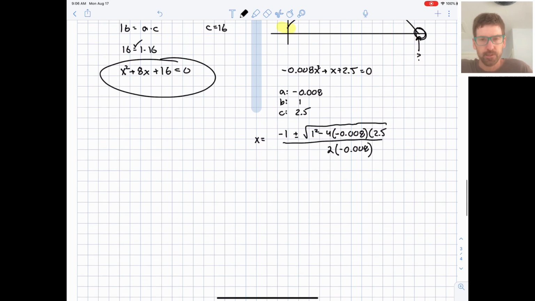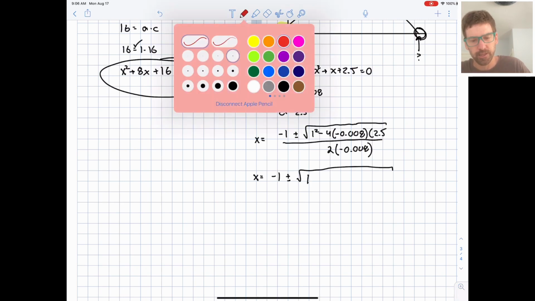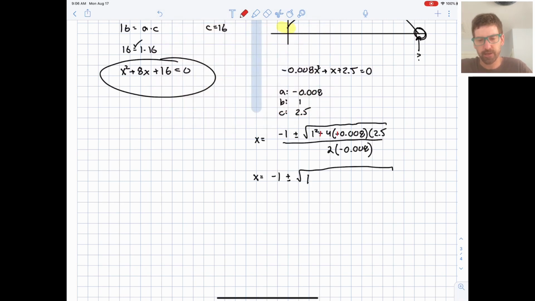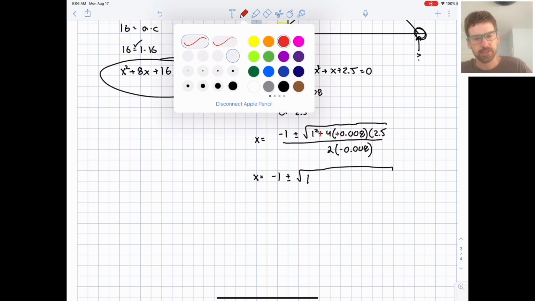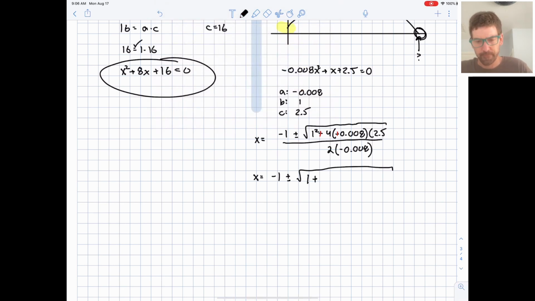Super, so we can start doing a little bit of simplifying. x equals negative 1 plus or minus a big square root of 1. These couple negative signs are going to cancel out, so it's all going to be addition inside the square root.